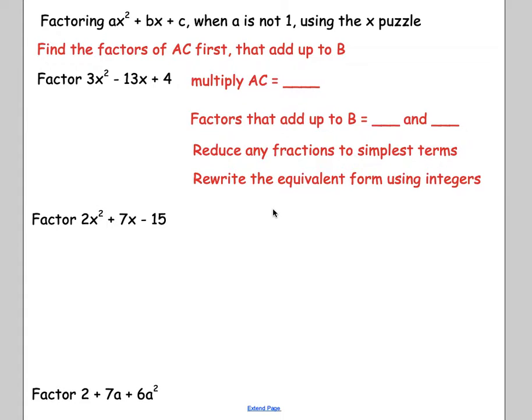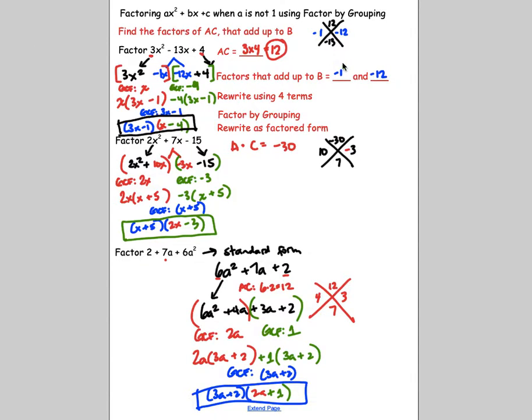In this video, I will teach you how to factor ax squared plus bx plus c when a is not 1, but this time I'm using solely the x puzzle. Before, I was using a combination of the x puzzle and factor by grouping.